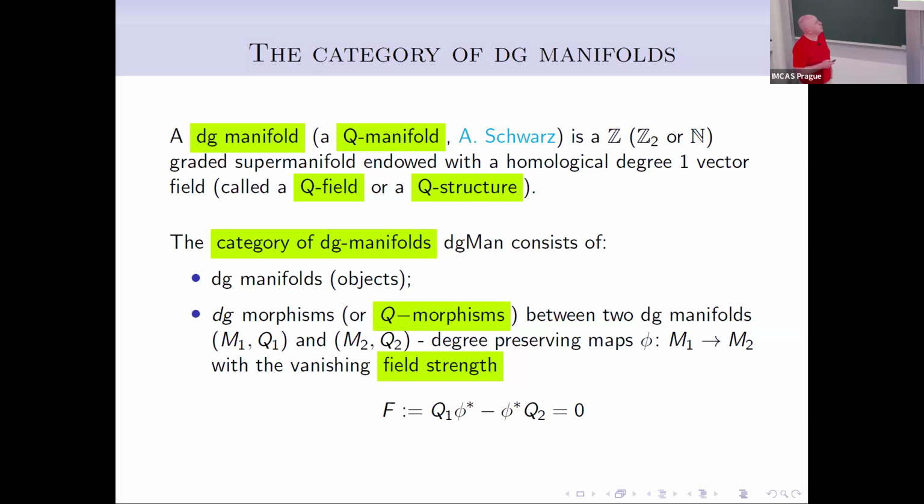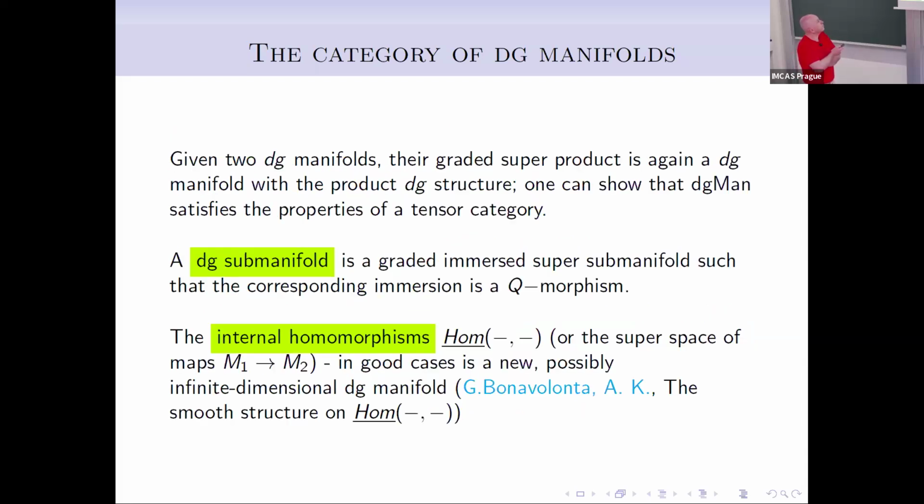If they are not commuting, if the push forward of one field does not equal to another one, then we can construct what is called the field strength, in the notation F. And this is the replacement of the curvature in a more general context. So it measures how much it's not a Q morphism.